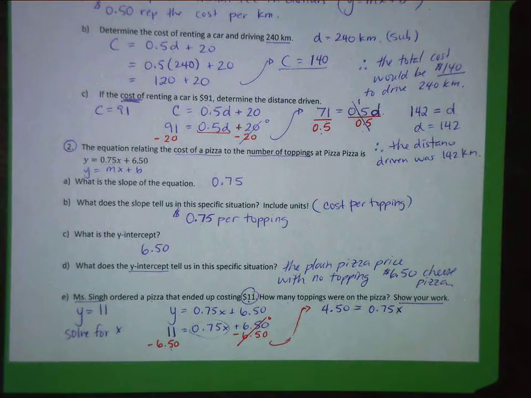All right, so let's take a look at this. I'm going to start showing you guys how to do some of this stuff on a calculator. You want to isolate x, so that means we need to divide by 0.75.